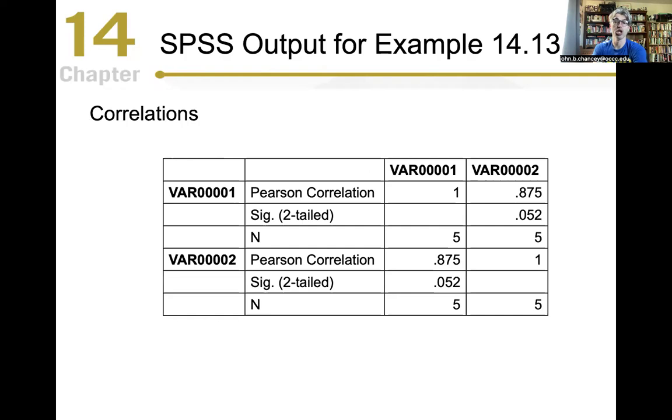This is the output you would see from SPSS if you're running a correlation. You're always going to see the 1 here because it's correlating to itself, variable one to itself. But then we have the correlation over here, variable one to variable two, 0.875. That's a pretty strong correlation. Then we can see the significance level, 0.052.